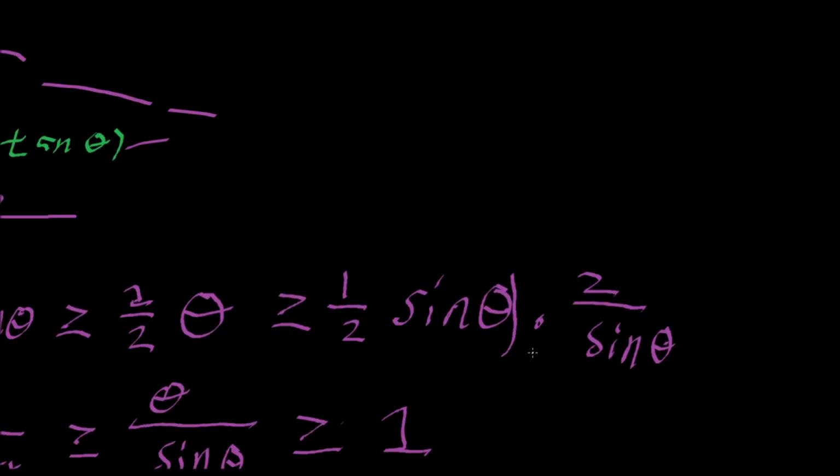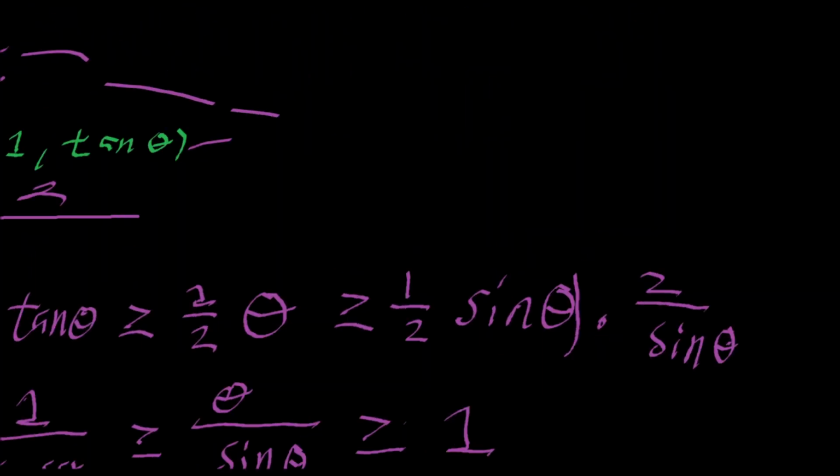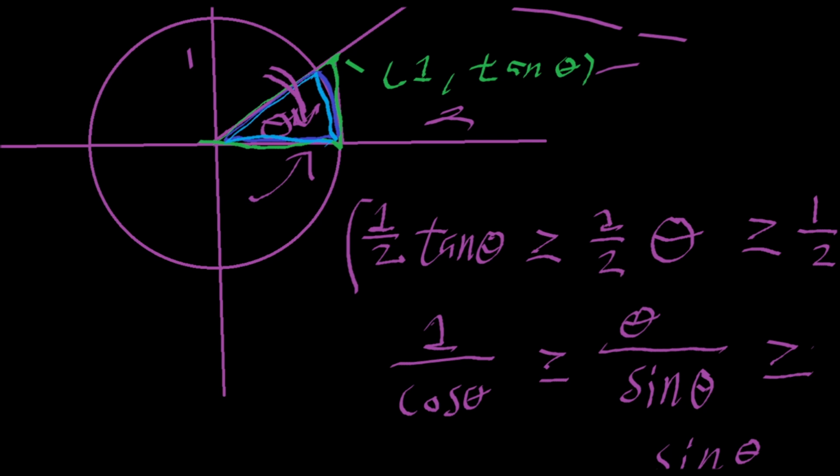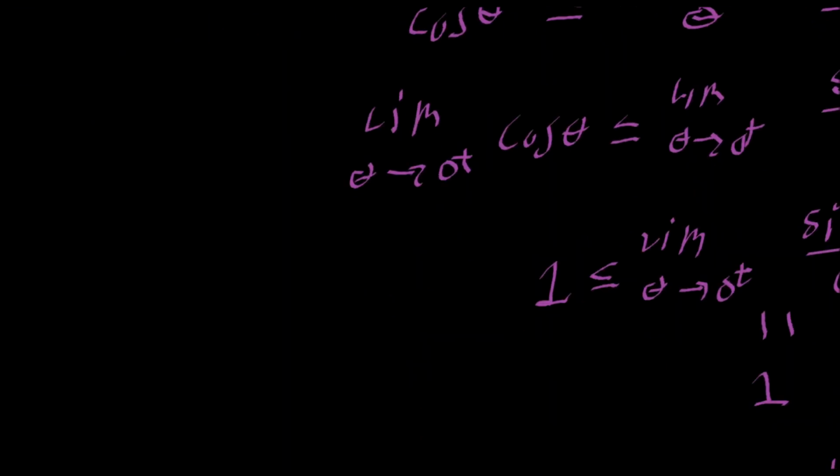So if you just look at this figure, it doesn't matter if it's approaching 0 from this direction or this direction. The limit of an angle approaching 0 of sine of that angle divided by that angle will always be equal to 1 as long as the angle is approaching 0.